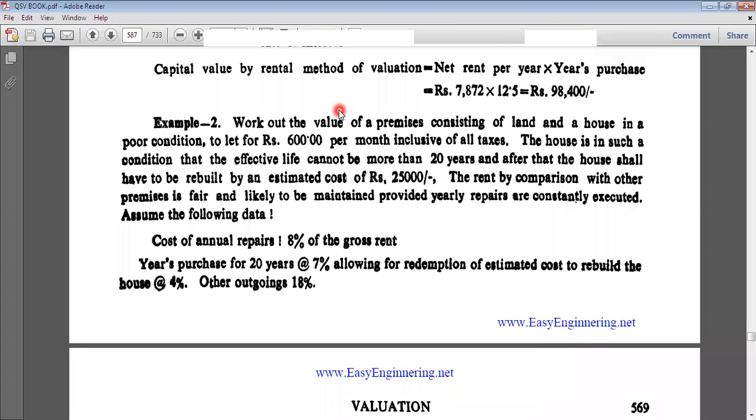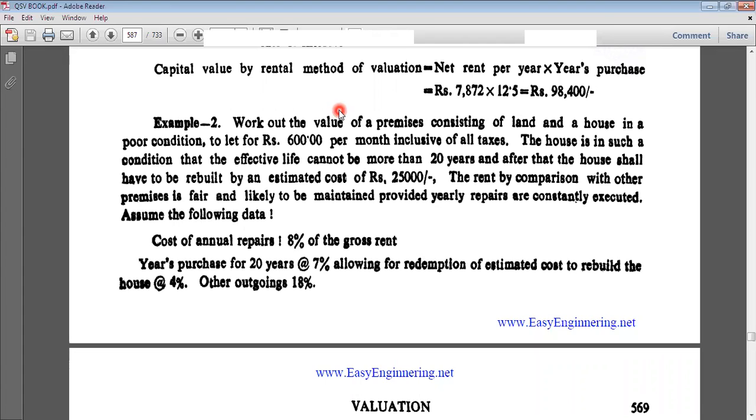The house is in such a condition that the effective life cannot be more than 20 years, and after that the house shall have to be rebuilt at an estimated cost of rupees 25,000. The rent, by comparison with other premises, is fair and likely to be maintained provided yearly repairs are constantly executed. Okay, so what we have to do?